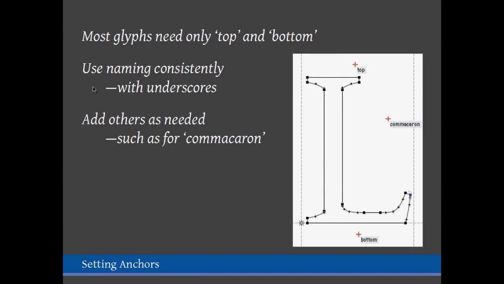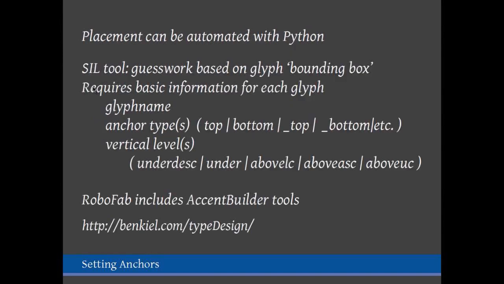Now, the placement of these things, you can place them by hand, as I've shown you, but you can also automate the placement of these things. If you think about it, let's say you want to create anchors on all your upper and lowercase glyphs. You want it to be in the center of the letter, and you want it to be at a certain height. And you might want to go in there and tweak that, but this is a good place to start.